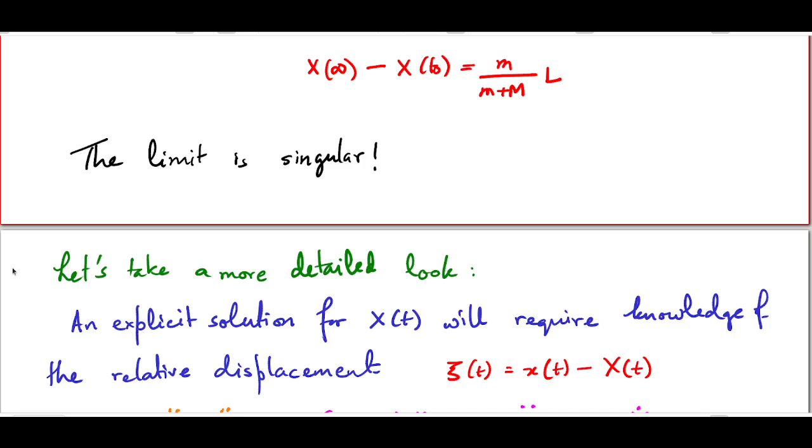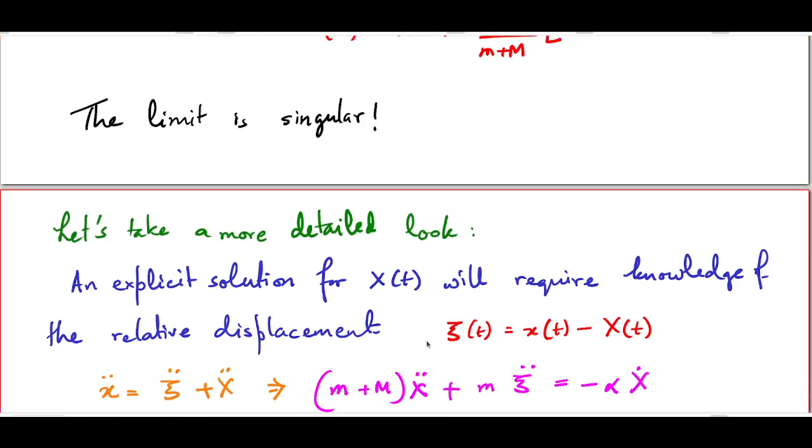And in order to understand that a bit better, let us take a look at the relative displacement, which we are calling xi of t. That's the Greek letter xi here, which is simply small x of t, the location of the boatman with respect to a fixed point, minus capital X of t, the location of the center of the boat. So this is really the displacement or position, really, of the boatman with respect to the center of the boat.